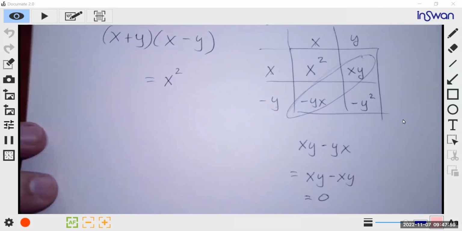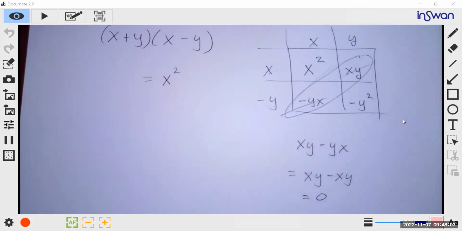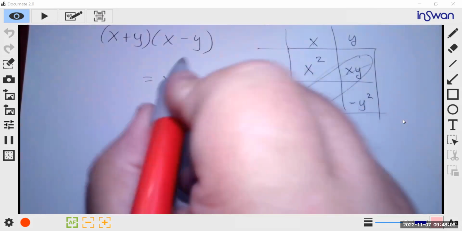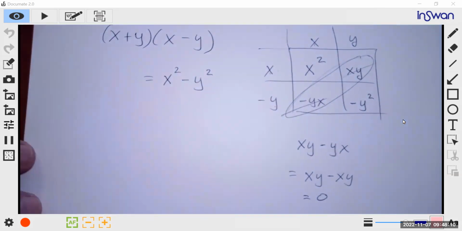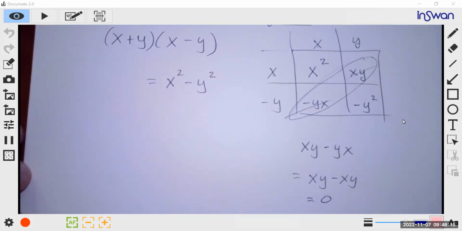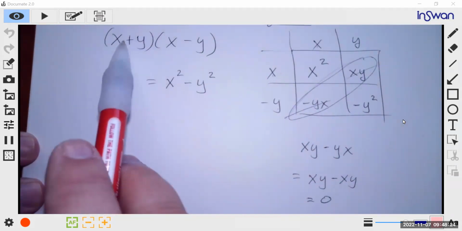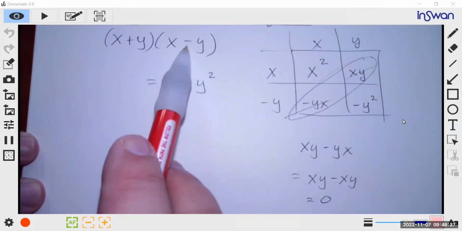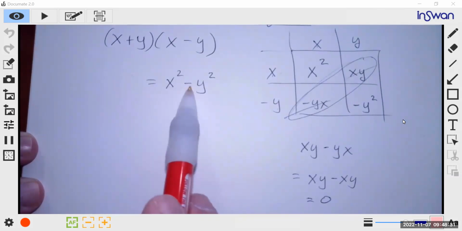Commutative property of multiplication. So those cancel because they're the same numbers, different signs. And then y squared minus y squared. So what this rule tells us is this. Now you see why they call it difference of two squares? If I have the same numbers but different signs in the middle, and I multiply them, I have two squares with a minus. So it's a difference of two squares.